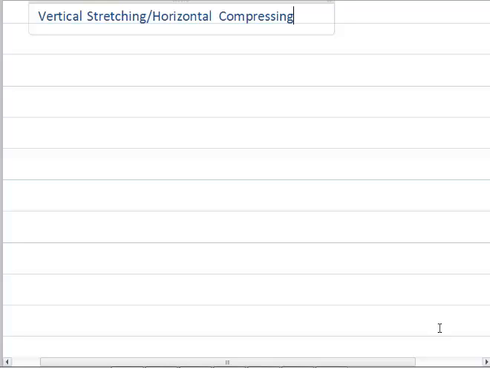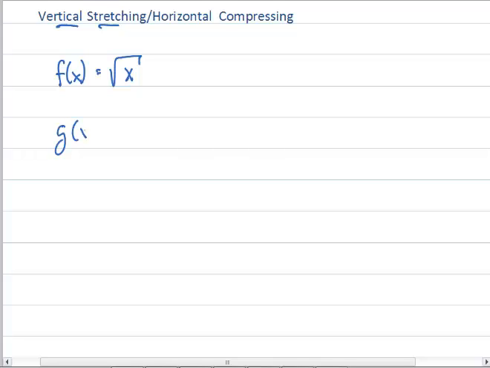Okay, so the last item on the agenda was showing horizontal stretching, vertical stretching and horizontal compressing. So if I have a function f of x that equals the square root of x, and I want to do vertical stretching, I would put a multiplier in front of the function, so let's say 3 times root of x would result in a vertical stretch by a factor of 3.